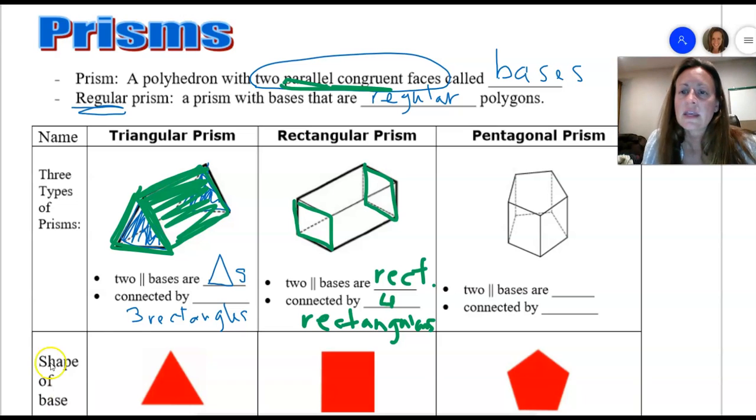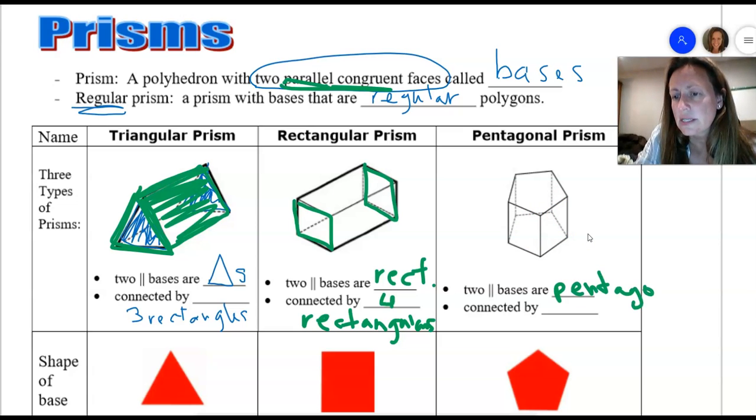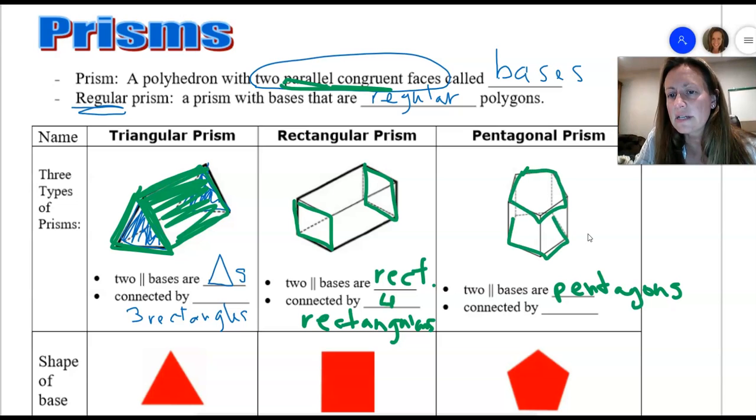So a pentagonal prism would be one where the bases are pentagons, five-sided polygons. And those two pentagons, see the top here is a pentagon and the bottom is a pentagon?